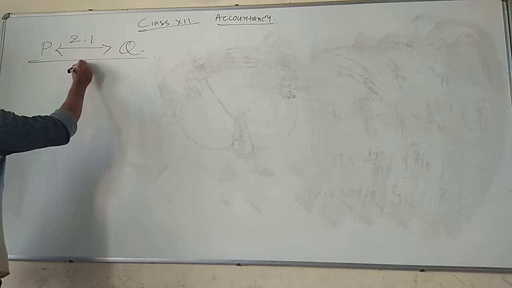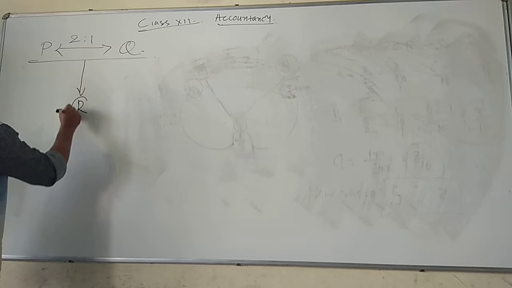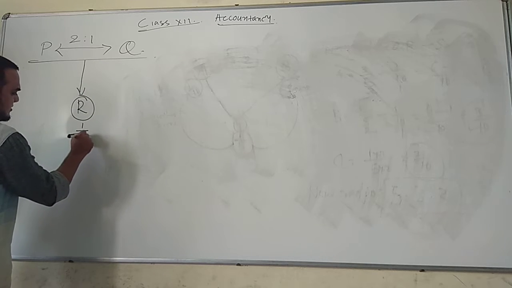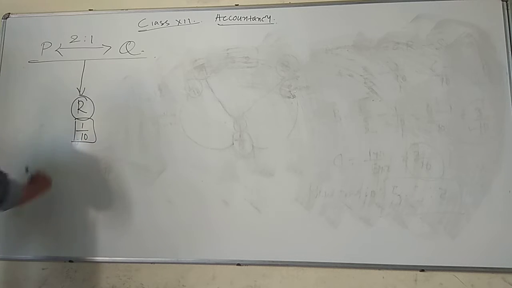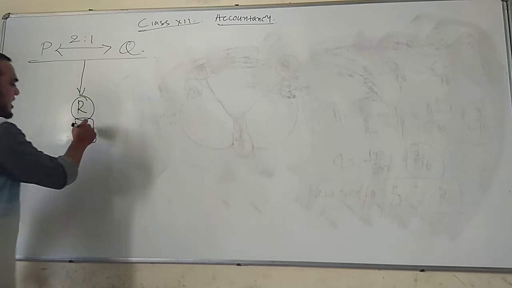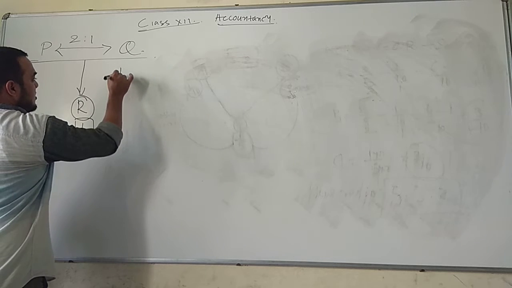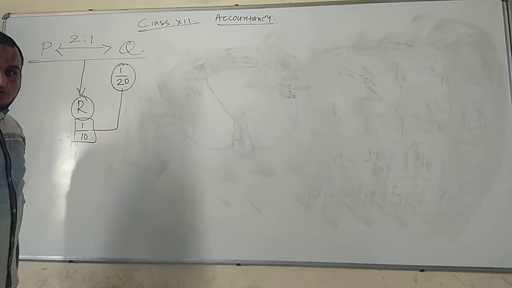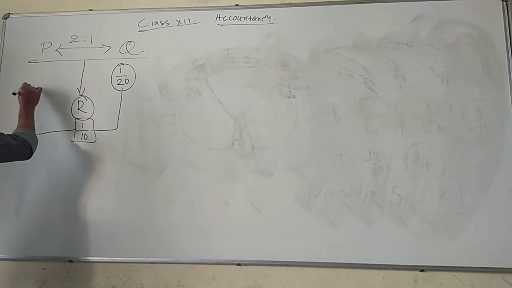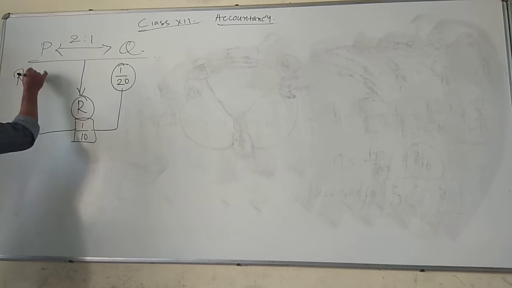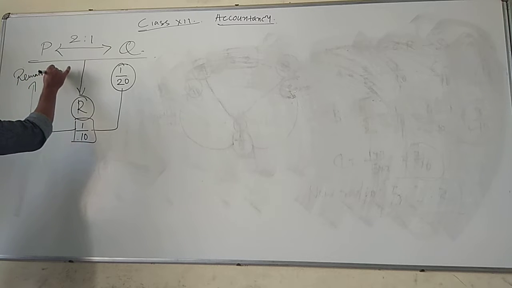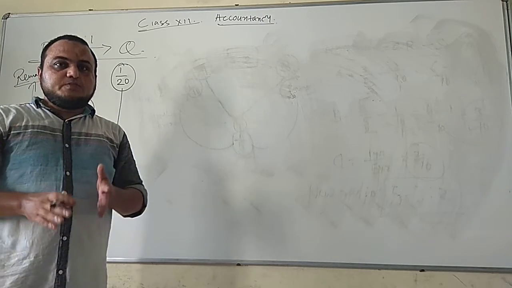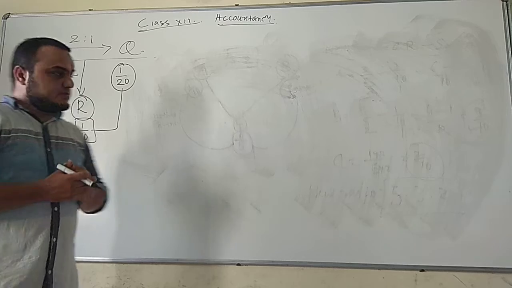They have admitted R. The share of R is suppose 1/10. R will get 1/20 from Q, and the remaining from P. Same type of question, just for knowledge purpose or better understanding purpose.